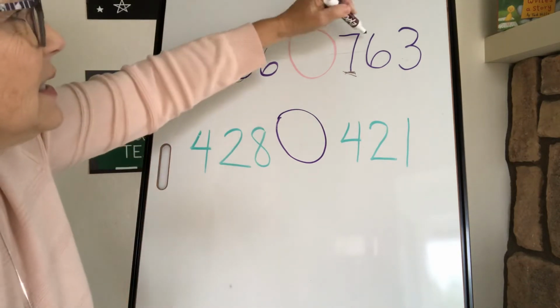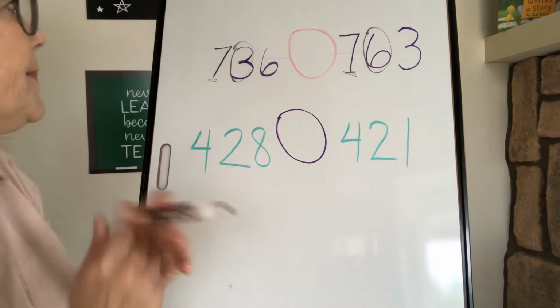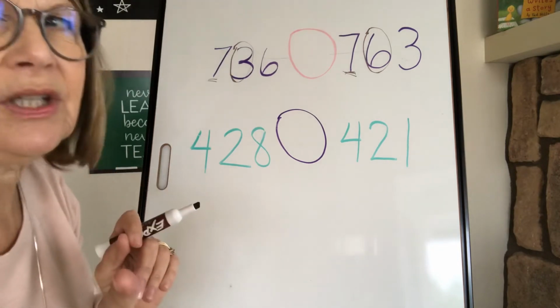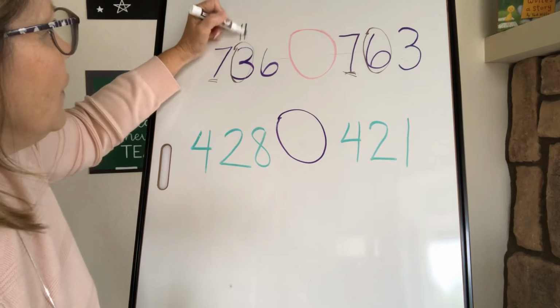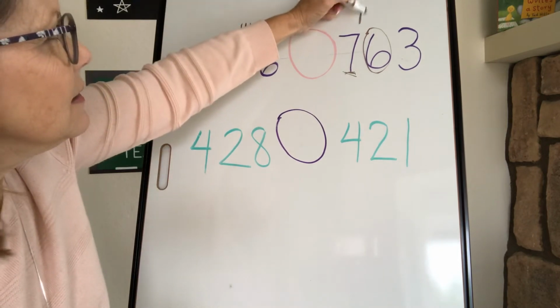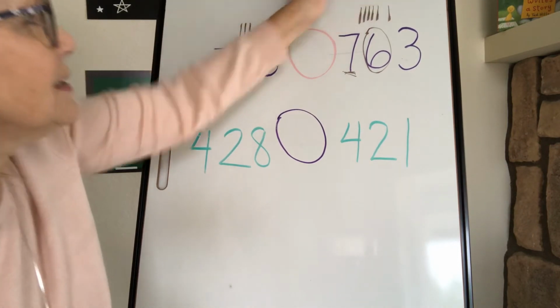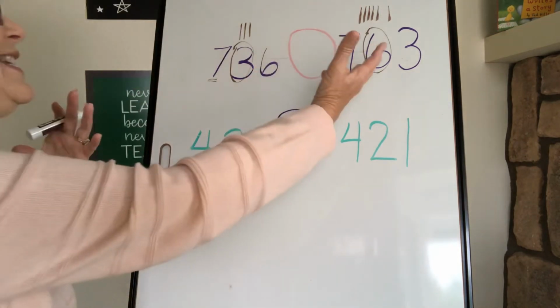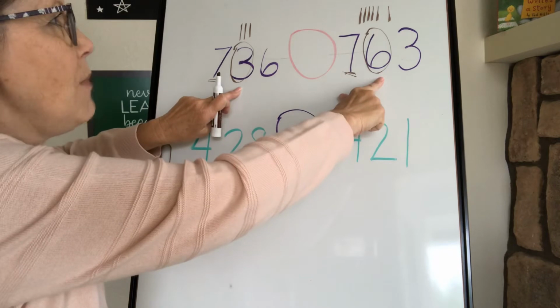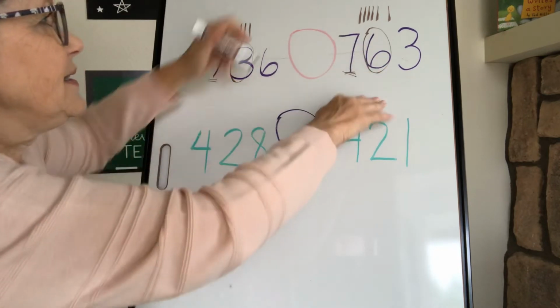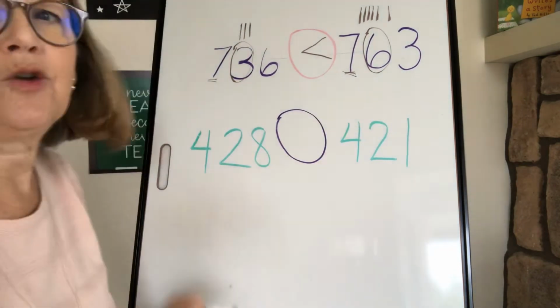3 tens, 6 tens. I'm not exactly sure. It's hard for me to visualize right now. So I'm going to draw them. 3 tens, 6 tens. Oh, now I can really see that if my hundreds are the same, but I've got more tens on this side, this is going to be the greater number.